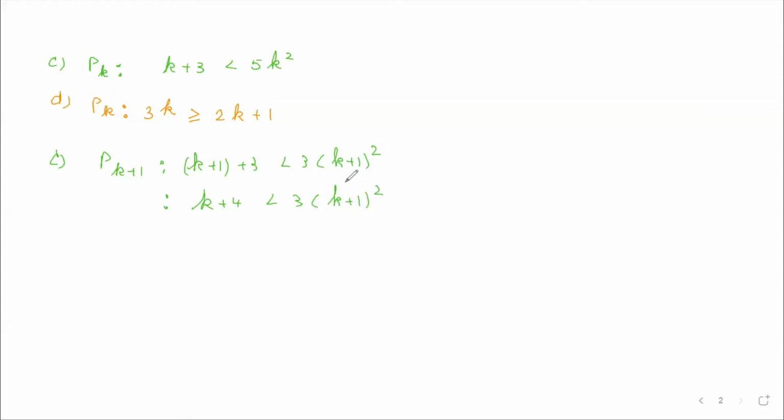You can leave it this way, or you can expand it, it's still okay. It depends on each question. If we expand, this one is k squared plus 2k plus 1, and this one the 5. All of this, we're going to prove later is true.